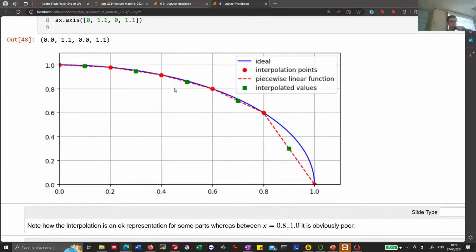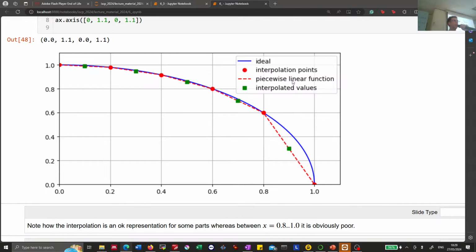So what do we see? Well, first of all, this plot could be improved by providing x labels. Second, we see the ideal curve in blue. We see the data points given, right? It should be like 6 data points. Let's count. 1, 2, 3, 4, 5, 6. Okay, everything works. Then we have the piecewise linear function.